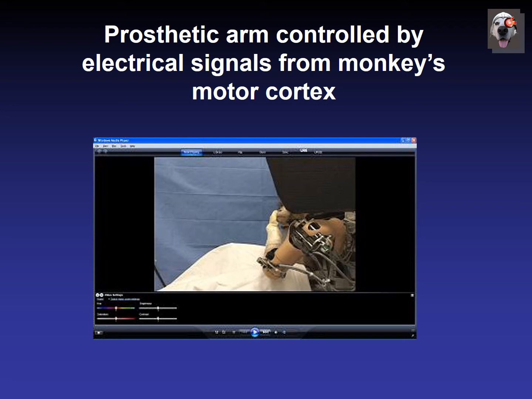Each year, these labs, in particular the lab here at University of Pittsburgh that made this particular robotic arm, are making exponential gains in the sophistication of these robotic arms and the interface with the motor cortex of these monkeys. It's really quite fascinating, and you can imagine the possibilities this offers for people who've had arms amputated or are otherwise paralyzed. This really has great implications for helping improve their quality of life.